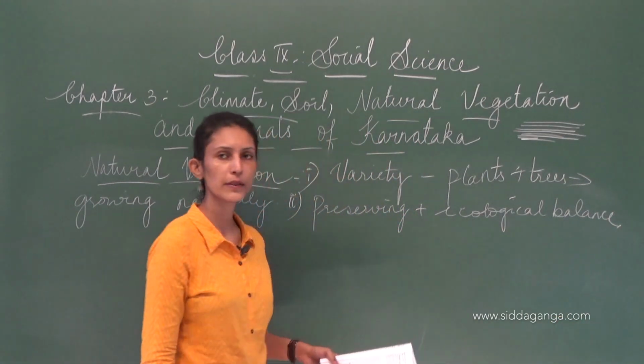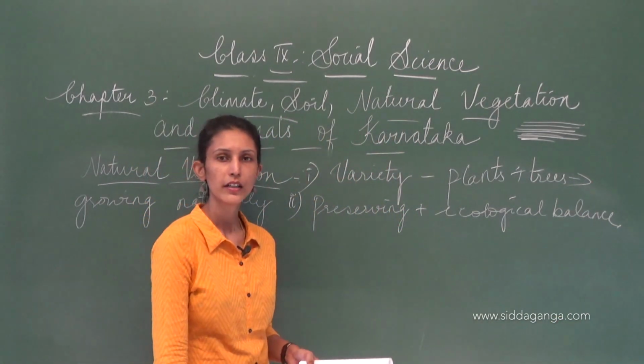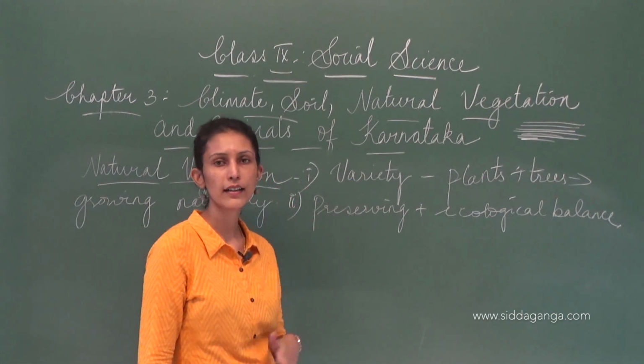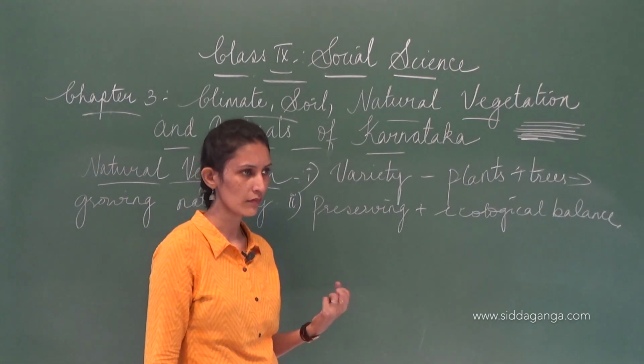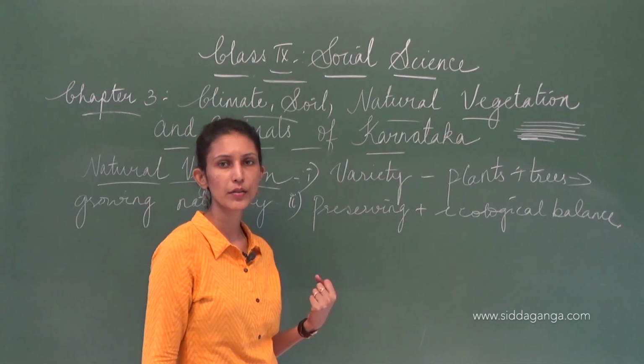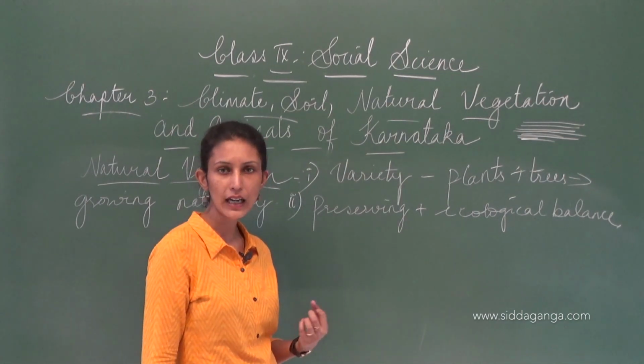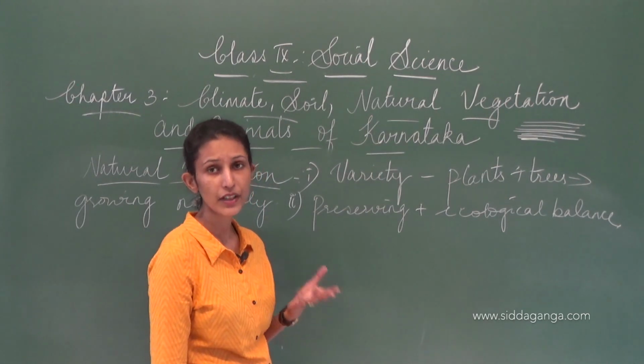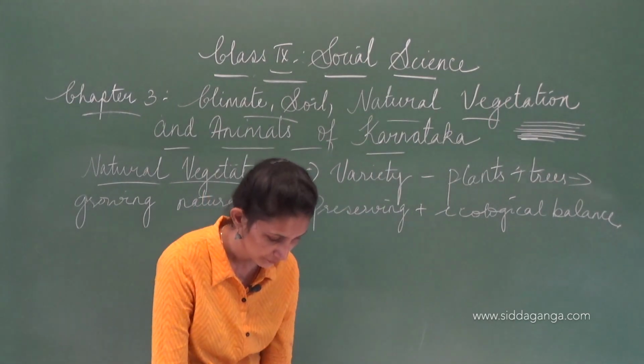They help us in preserving the ecological balance. That is, they are trying to protect what's happening in and around our atmosphere. They are trying so that life doesn't get destroyed there.